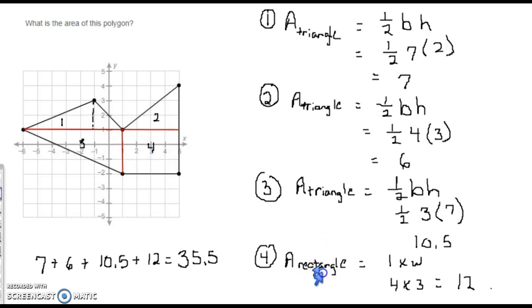And the fourth figure is my rectangle, and that's my length times my width. And here is 1, 2, 3, 4 times 1, 2, 3, and that's 12. So now we have each of our areas. You just have to add them all together. So 7 plus 6 plus 10.5 plus 12 gives me a total area of 35.5.